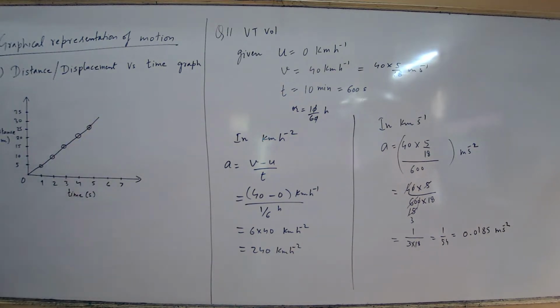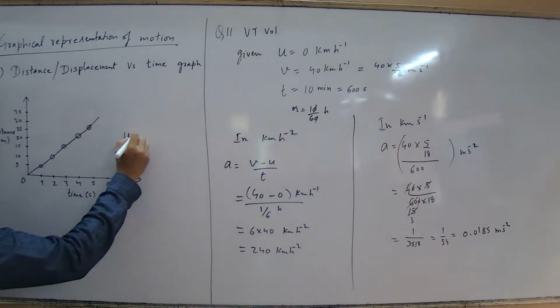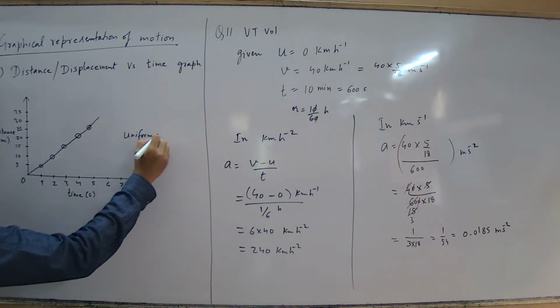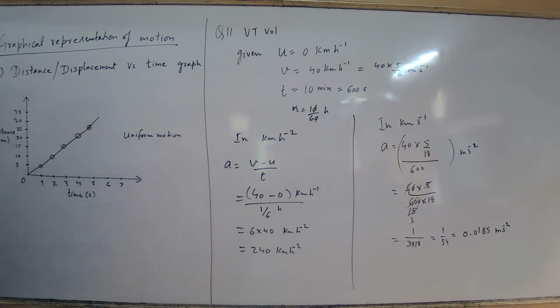So whenever you see a distance, it could be displacement also, or displacement versus time graph, whenever it is a straight line, it indicates uniform motion. If it is not a straight line, then it is non-uniform motion. Non-uniform motion could be anything, it could be a curve. Any curve. If it is not a straight line, it is non-uniform.